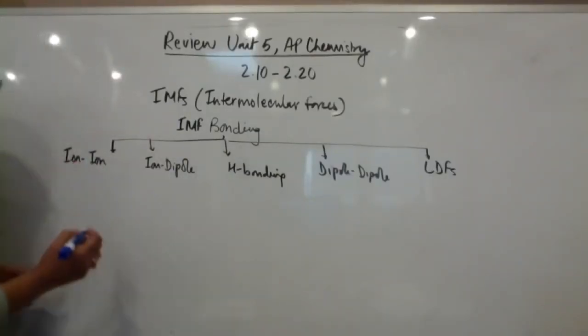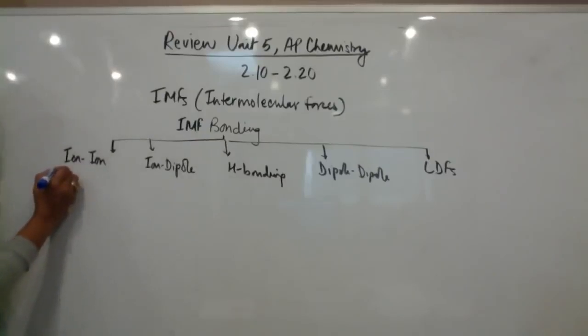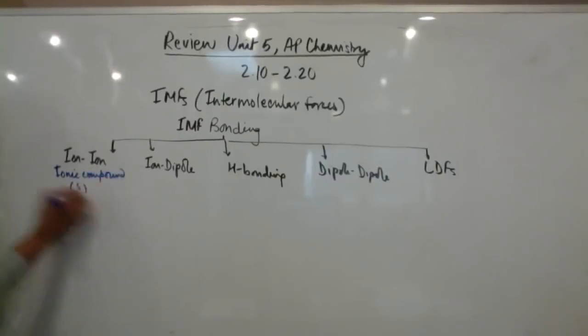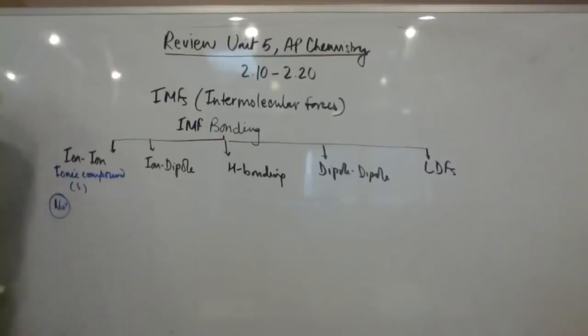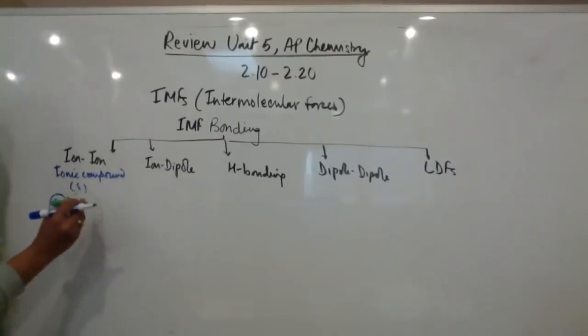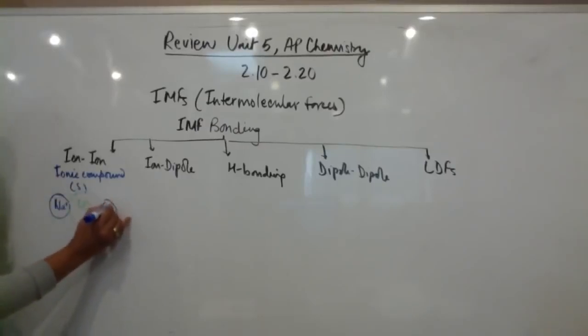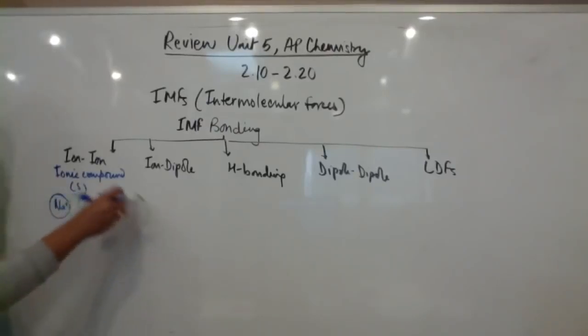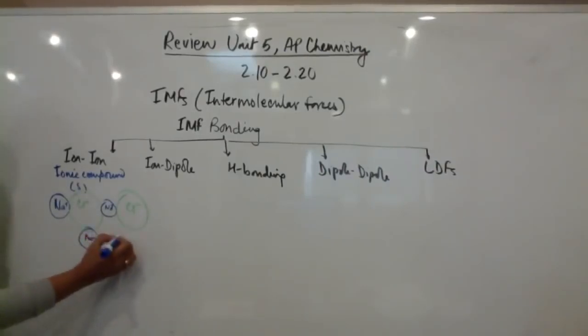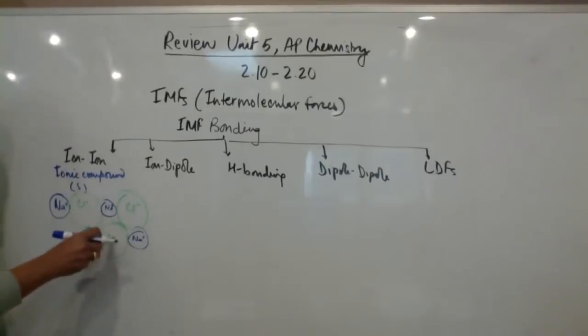Ionic bonds exist between any ionic compounds in solid form. So if you have Na plus and Cl minus, opposites attract, and then Na plus here, and Na plus here, and Cl minus here.